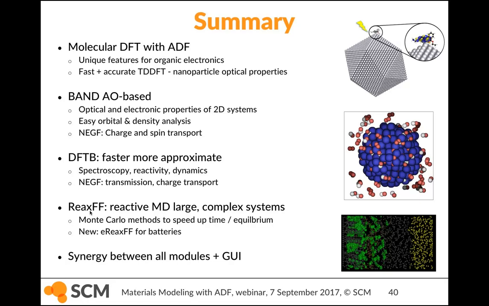I've discussed a few Monte Carlo techniques for speeding up your calculations, and most recently the extension to eReaxFF shows really interesting promise for studying battery materials and getting a better understanding of the dynamical properties under electrochemical conditions.